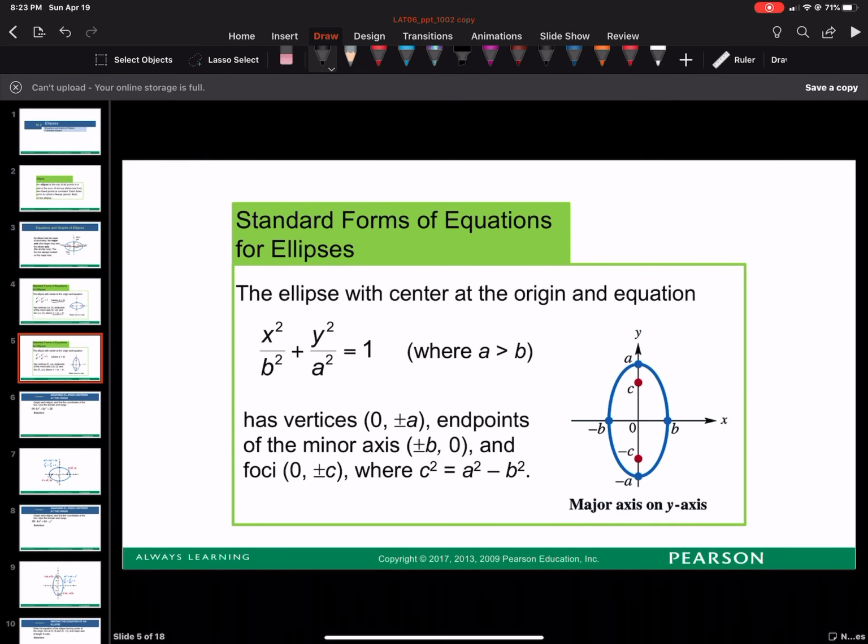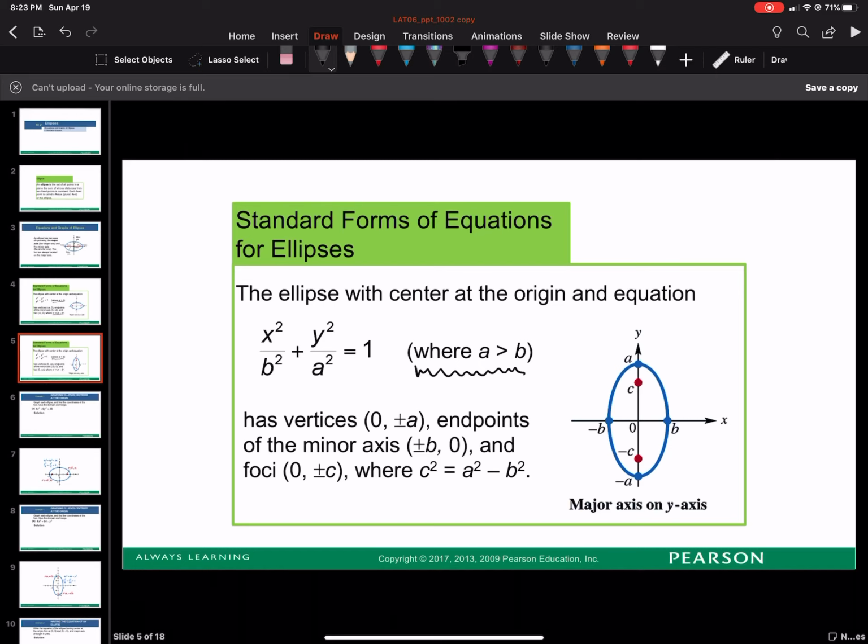Now let's look at one that's also centered at the origin: x squared over b squared plus y squared over a squared equals 1. Now, a squared is under the y, so the y-axis is now going to be your major axis. So follow the a. A is still greater than b, and that's how you can figure out which one is which, by looking to see which is greater.